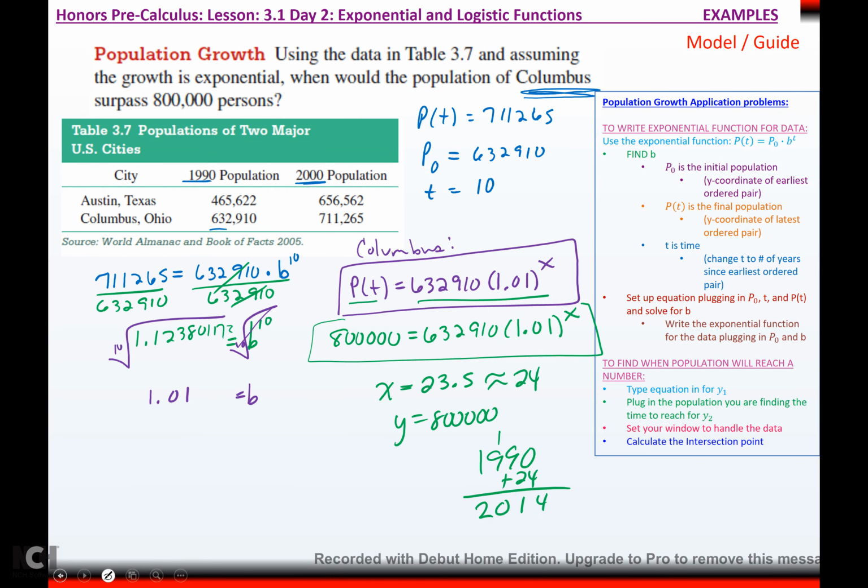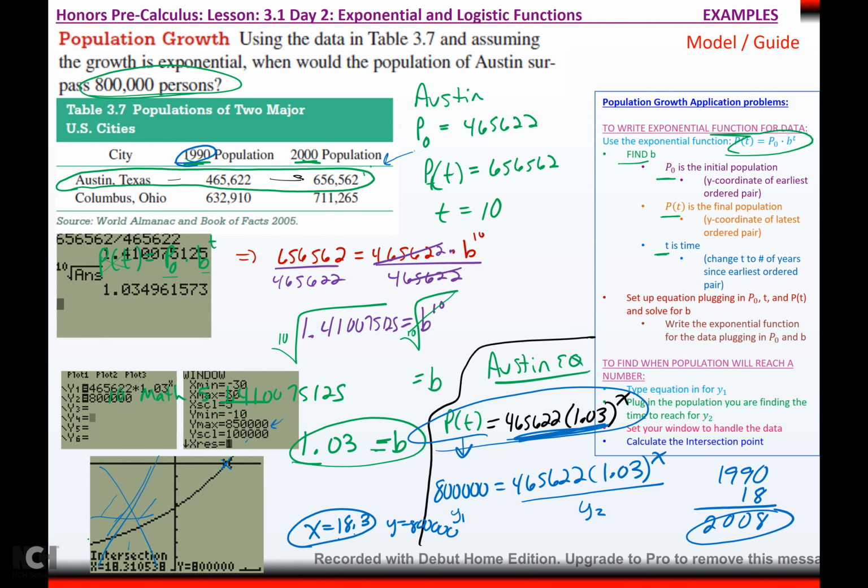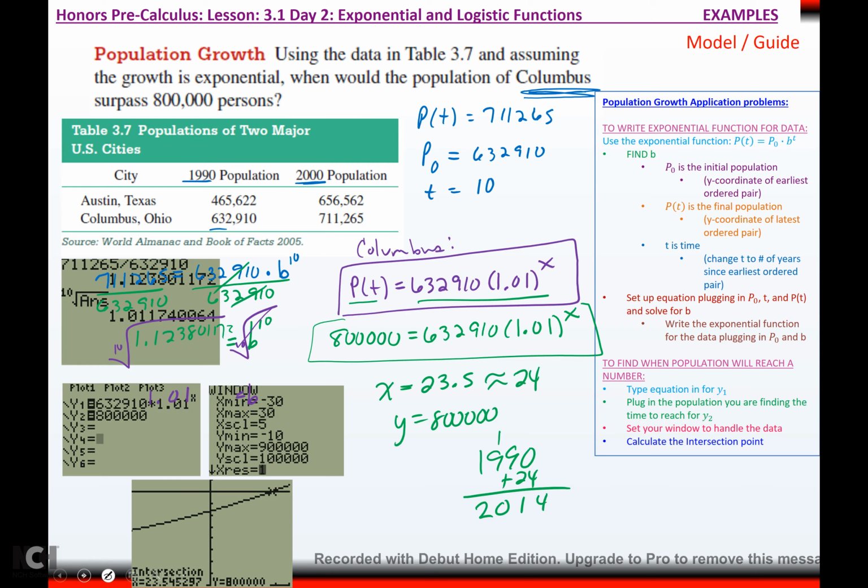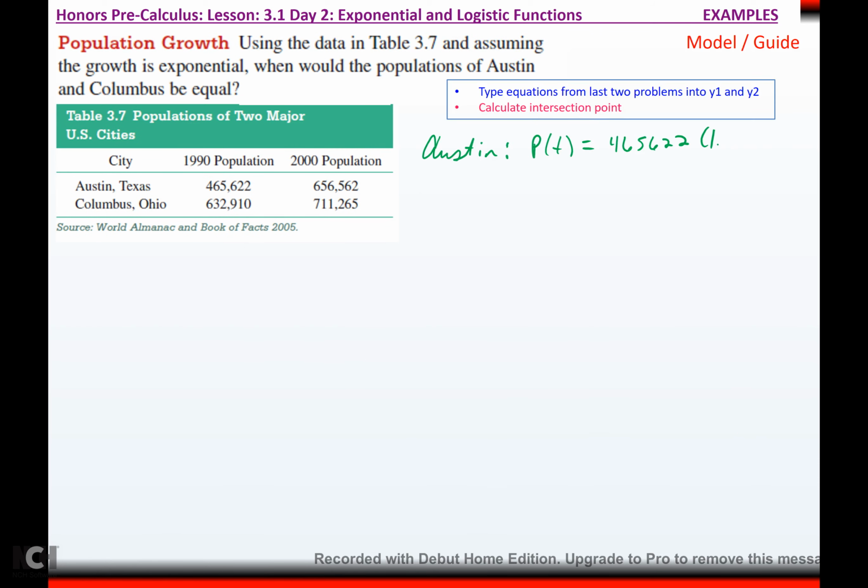For Austin, 1.03, that was my base. So times 1.03 to the X. And my population model for Columbus was P of T equals 632,910 times 1.01.